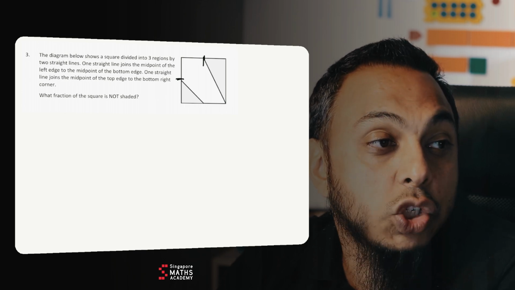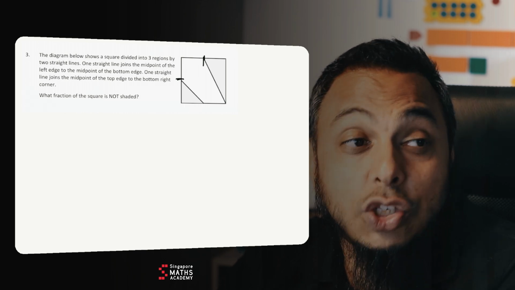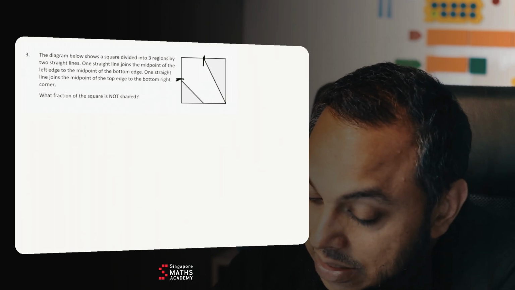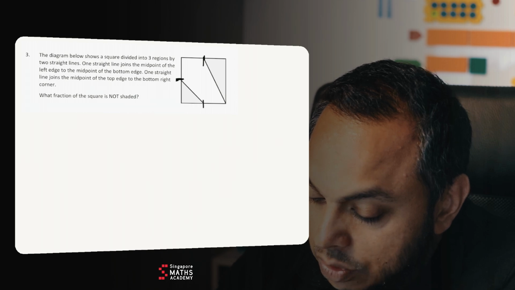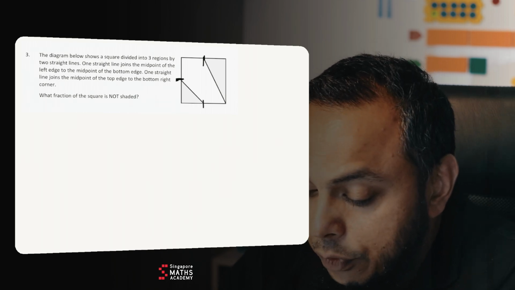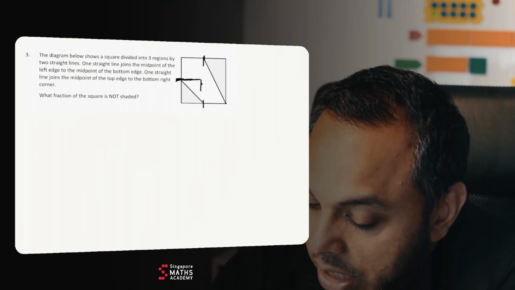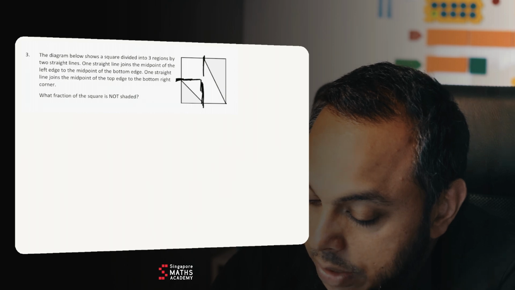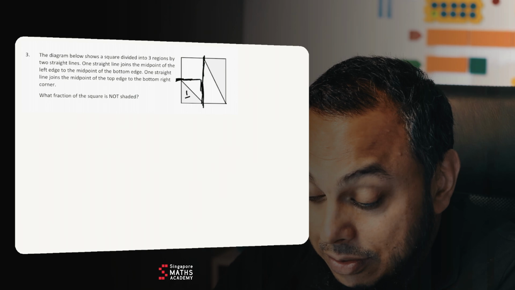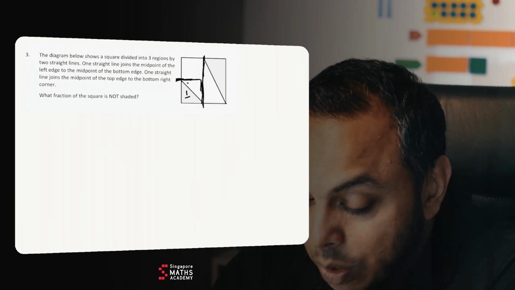it says what fraction of the square is not shaded. If that's a midpoint, and this is also a midpoint, so we've got a few midpoints and that's the corner, that must mean this shaded section is going to be a quarter. That's going to be a half of this square.